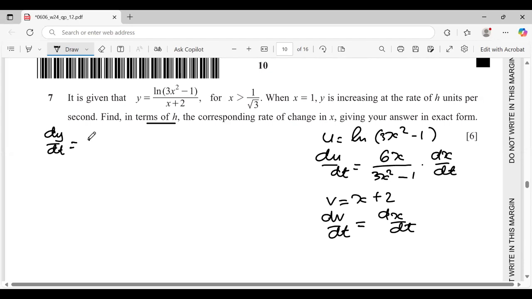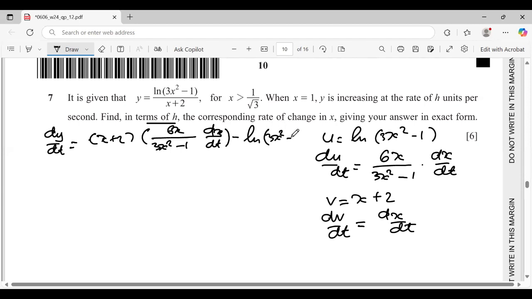Now substitute into dy/dt. As usual, we use the quotient rule: (x plus 2) times du/dt, sorry, 6x first, 6x over 3x squared minus 1 times dx/dt, minus ln(3x squared minus 1) times dx/dt.